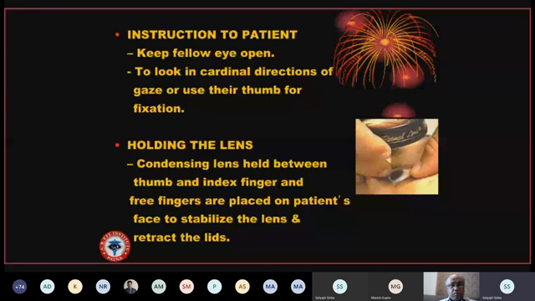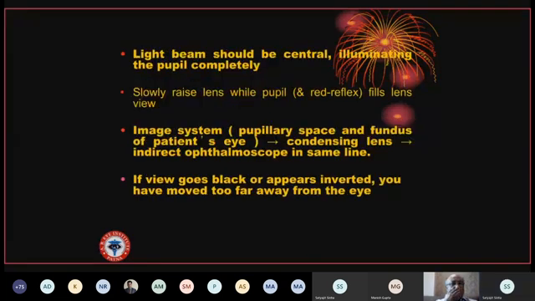The condensing lens is held between the thumb and index finger of the dominant hand, and the remaining three fingers are placed on the patient's face to stabilize the lens and retract the lid. I have a picture in a future slide which will help understand this point. The light beam has to be central.